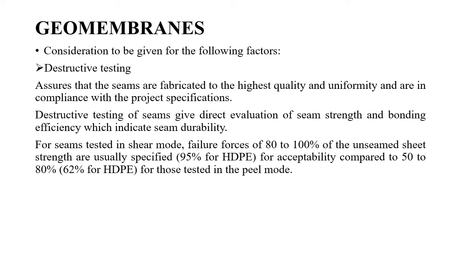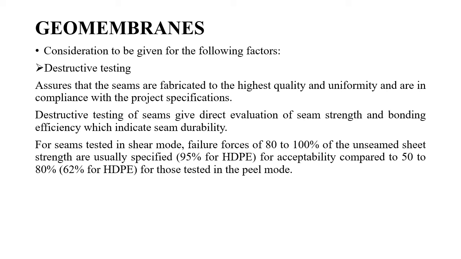By means of the shear test, we apply a tensile stress from the top sheet through the weld and into the bottom sheet. Whereas in the peel test, as the name suggests, you peel off the seam by applying force, and you evaluate the seam strength.